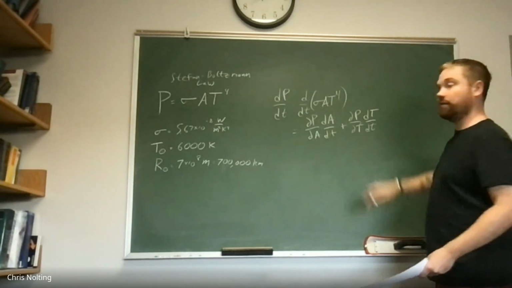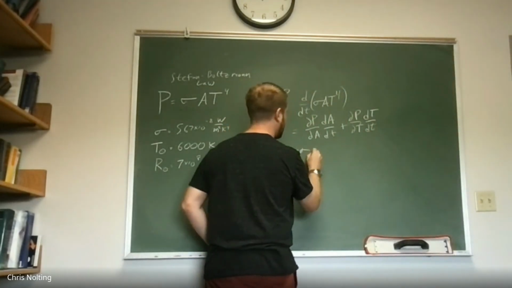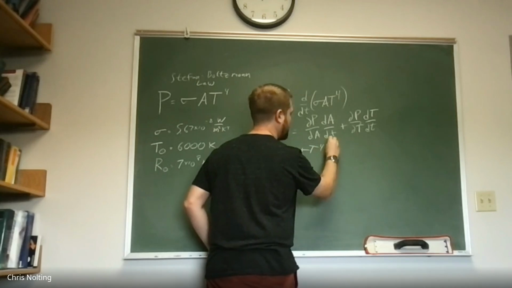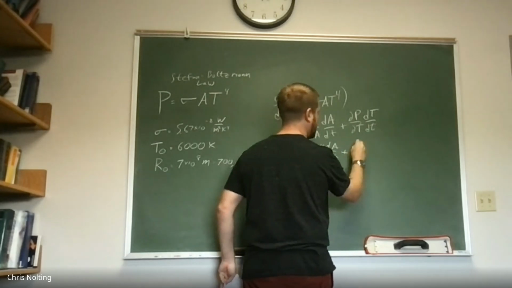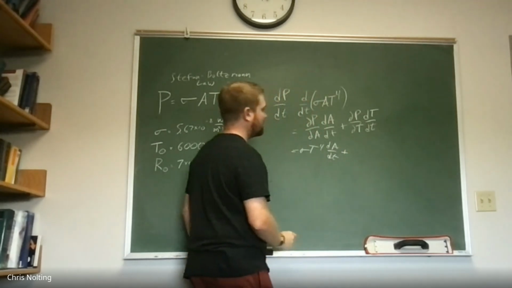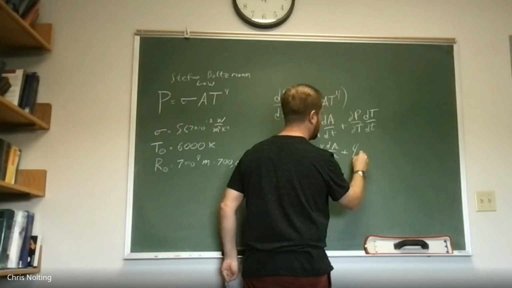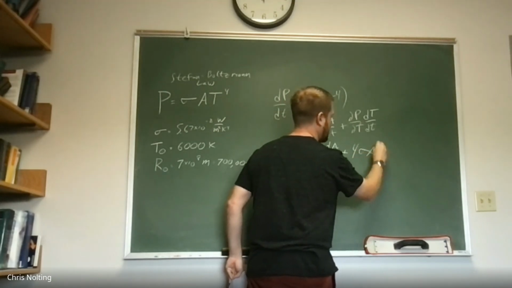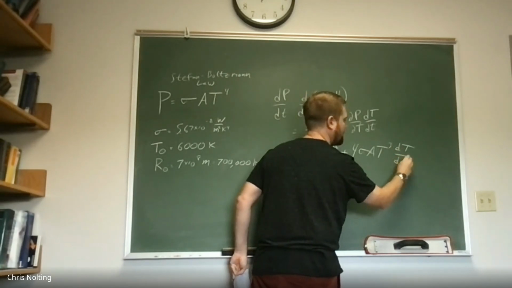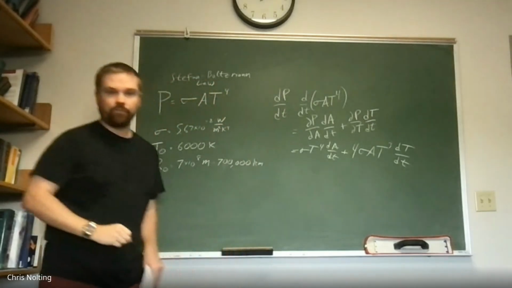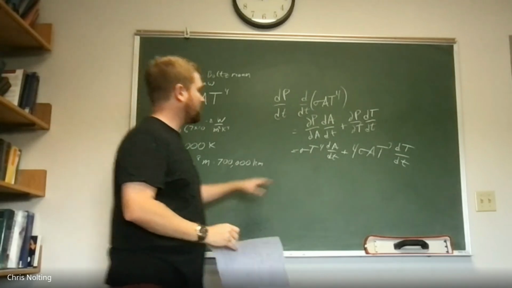And then we can evaluate those individual partial derivatives to get sigma T to the fourth dA/dt plus, the derivative with respect to temperature would give us 4 sigma A T cubed dT/dt. Okay, so we have now these expressions.